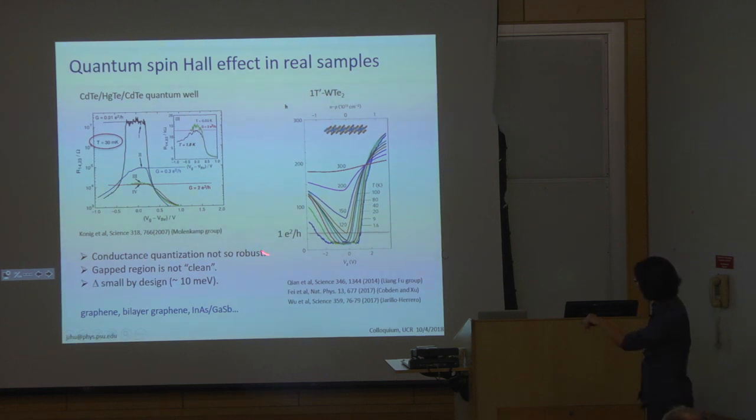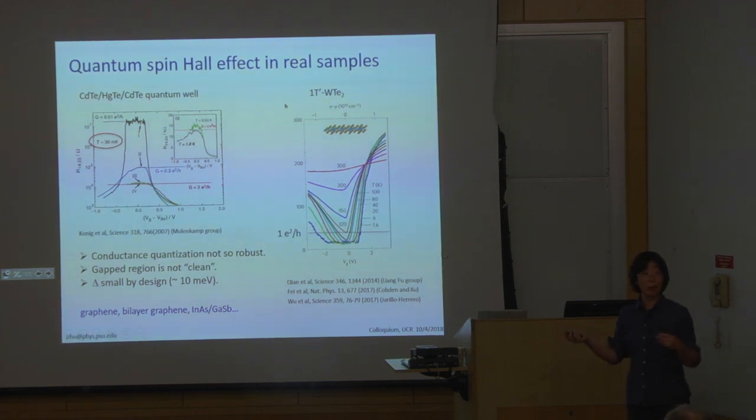This system over here, we expect 1 e² over h. We're getting a conductance below that. The mean free path here is maybe about 100 nanometers. So there's something that scatters an electron in this counter-propagating system that flips the spin. You have to flip a spin in order to do that.